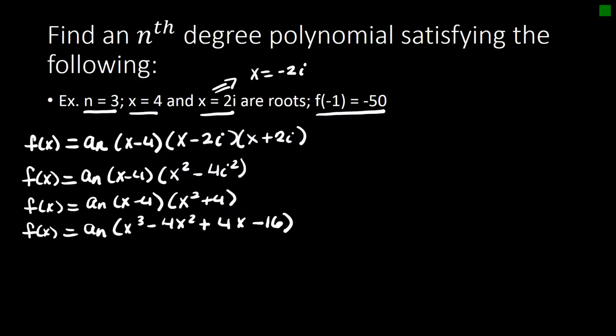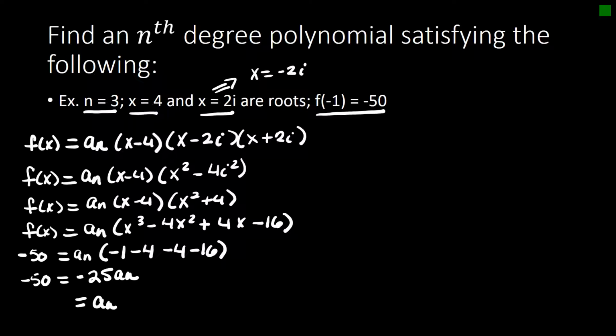So we have something that's looking like what we need, but now we need to use that f of negative 1 is negative 50. So in this case, f of x is negative 50. And everywhere there's an x, I'm going to put a negative 1. Negative 1 cubed is negative 1. Negative 1 squared is positive 1, but times that negative 4 is negative 4. Negative 1 times 4 is negative 4. Then we're going to subtract our 16. So we have negative 50 equals negative 25 times a sub n. So a sub n is going to be 2.